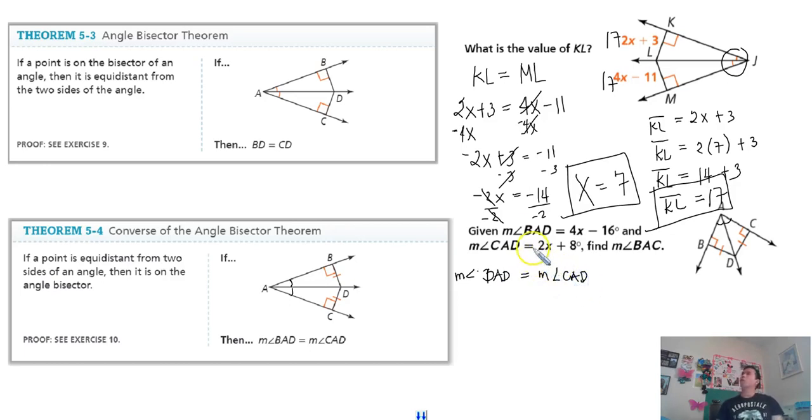So you just plug it in. So we have BAD is 4x minus 16 is equal to 2x plus 8, and our target is to look for BAC. The measurement of BAC, meaning the whole angle BAC that we have there. So I'm going to subtract 2x from both sides. So this will be cancelled.